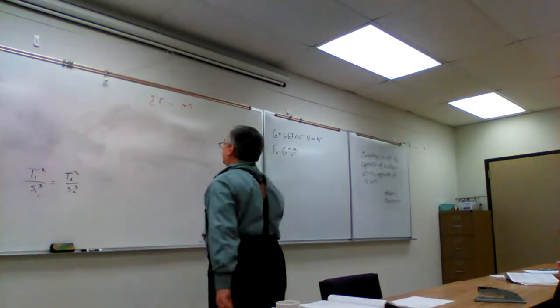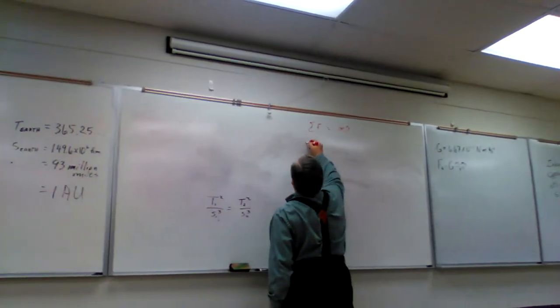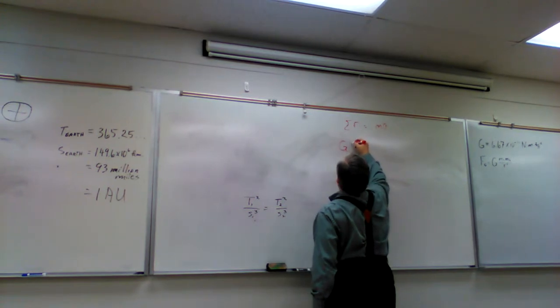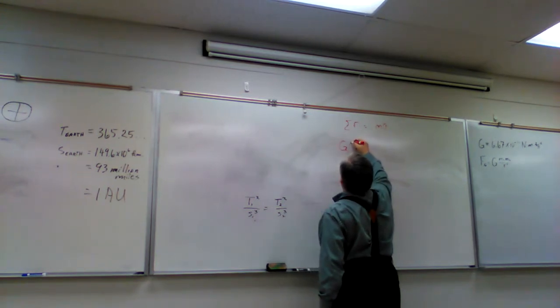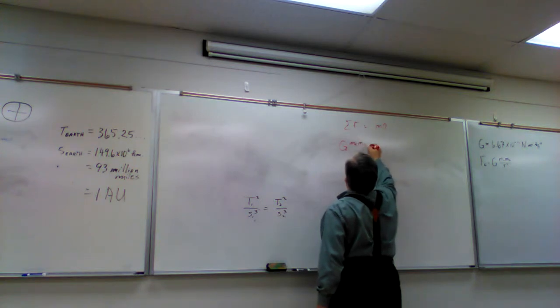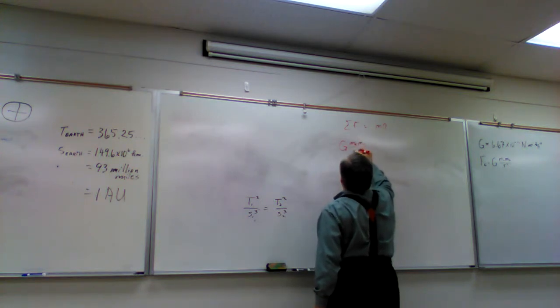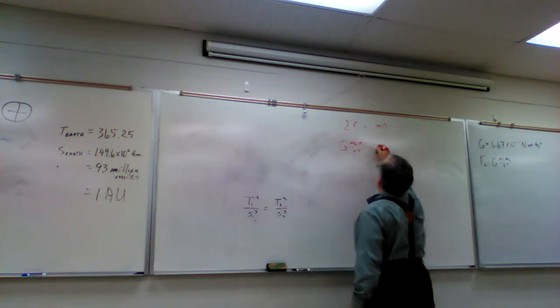Now, that means we've got Newton's universal gravitational law giving us mass of the Earth times mass of the Sun divided by the distance between them squared.